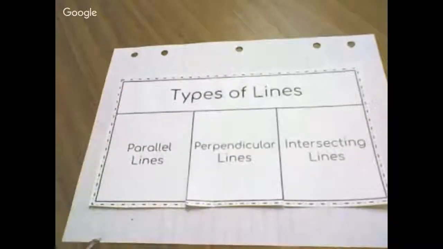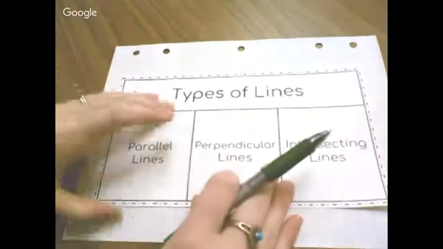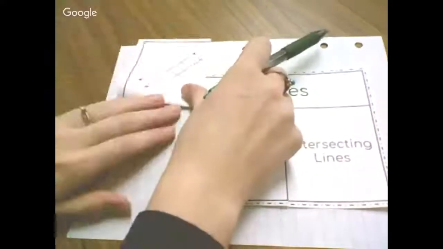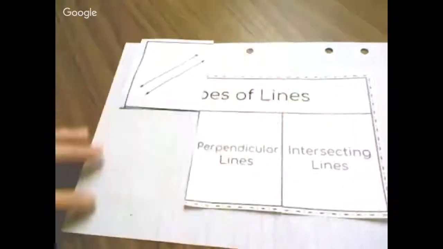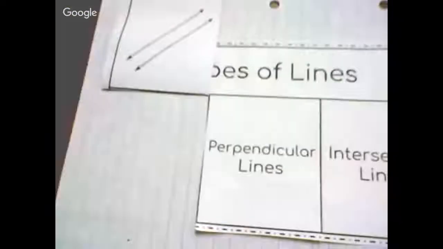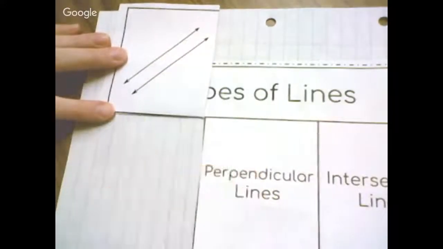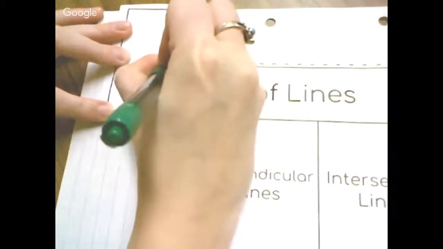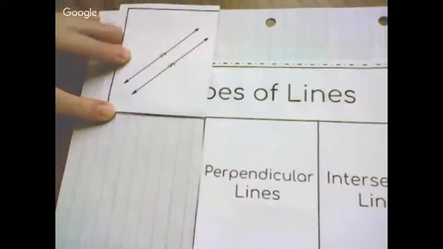So now we've got our three types, and we're going to start by looking at parallel lines. So if you lift up that flap, parallel lines are two lines that do not intersect, and we would denote this as little arrows on the lines. That's the notation.